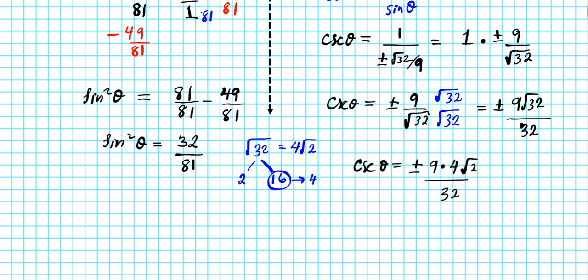Now let's see if we can simplify. 4 goes here once. 4 goes into 32 8 times. So cosecant theta in its reduced form is either positive or negative 9 rad 2 over 8. So the question now is this cosecant theta value positive or negative?